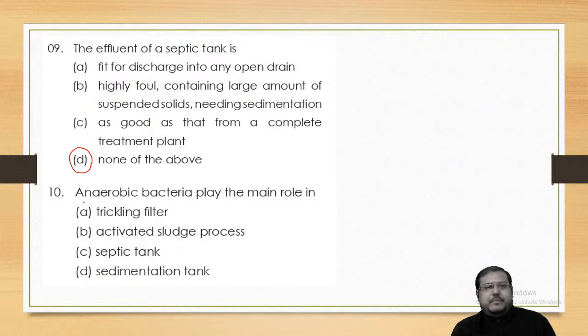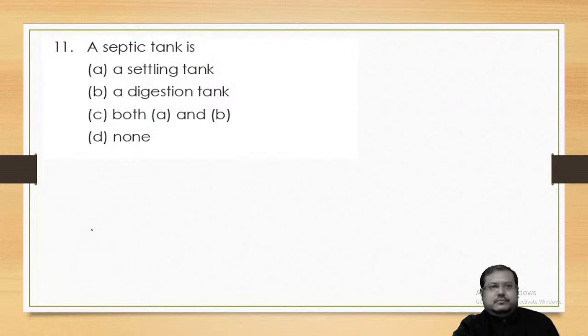Anaerobic bacteria play a main role in the septic tank as per the option. A septic tank is both a settling tank and a digestion tank. These are the theoretical questions we can expect from this chapter.